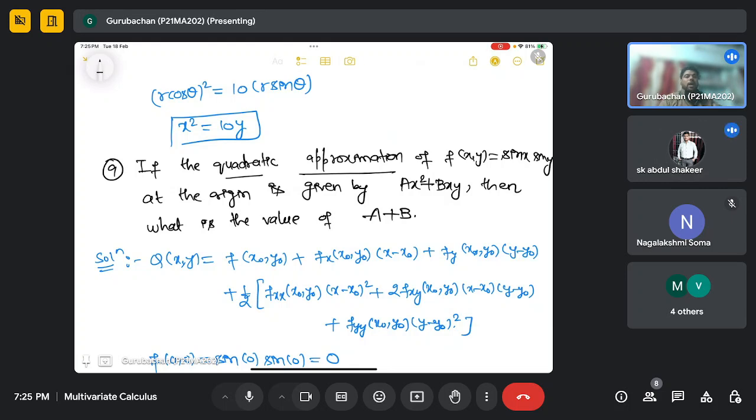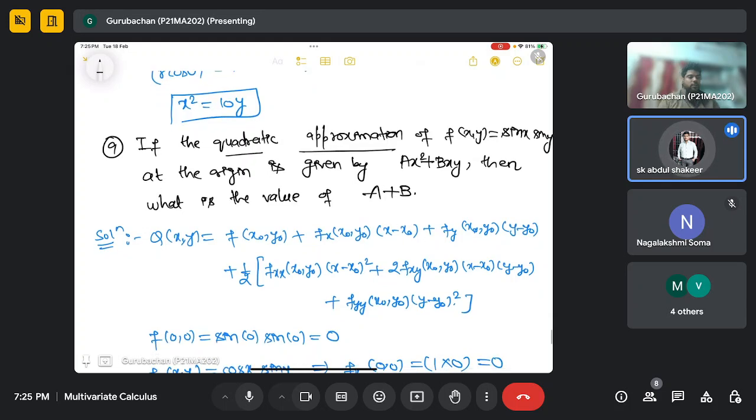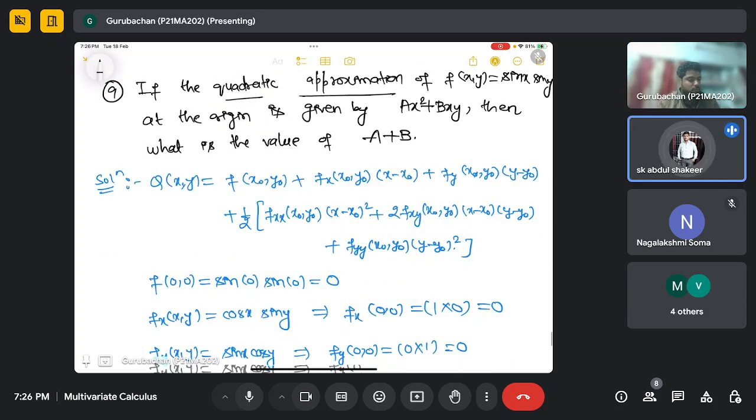Up to quadratic polynomial means that we have to use the Taylor series up to the second order. So we have to leave the third order derivatives and third order terms in the remainder term. In the same way, if linear has been given, then we have to do that up to first order partial derivatives only, first order terms. Okay, sir. Thank you.